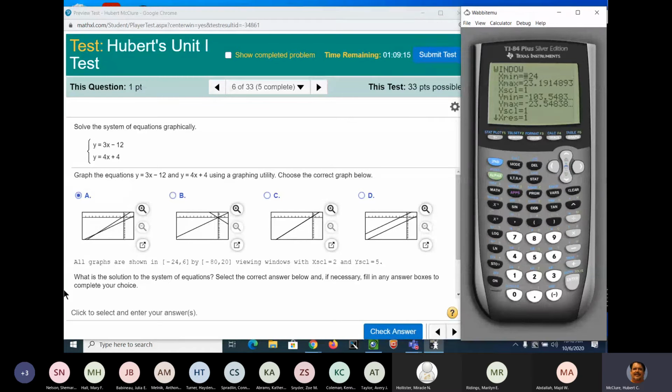Second, window. All right, -24. Go down. -80.